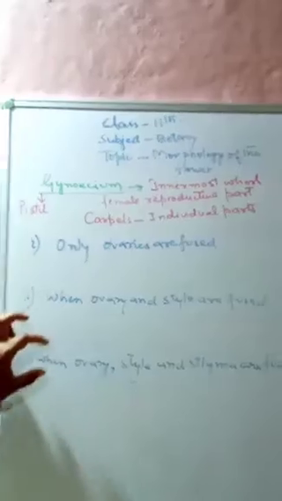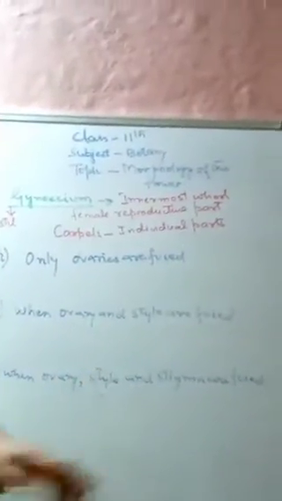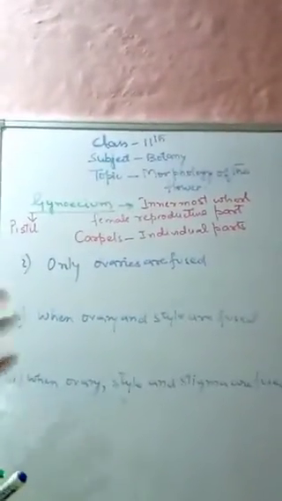So we will see which part of the carpel is fused: when only ovaries are fused in two or more carpels, when ovary and style are fused, and the third condition, when ovary, style and stigma are fused. We have examples. When only ovaries are fused, for example pink.